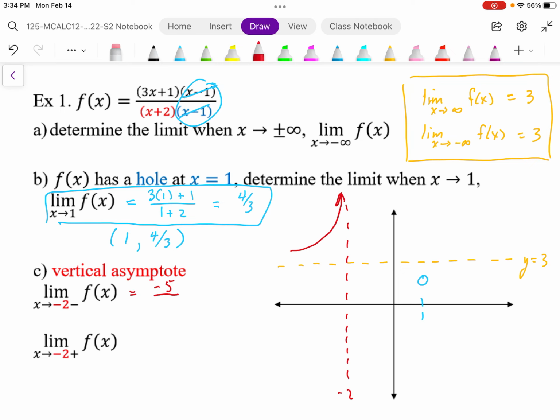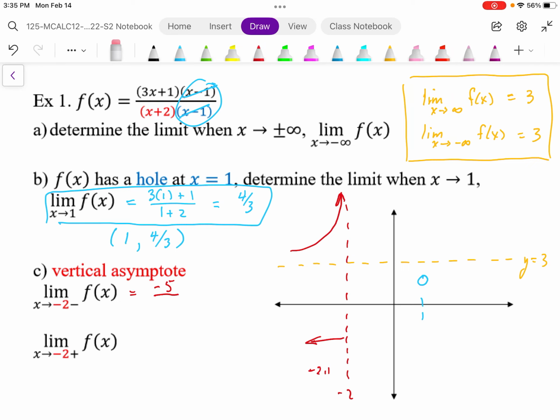And this is where this is kind of new thinking, but we now have to consider which side of 0 I am dividing from. So as I approach negative 2 from the negative side, I have like negative 2.1 on this side. So when I put negative 2.1 into this x, I'm going to end up with negative 2.1 plus 2. That's going to give me a negative number close to 0.